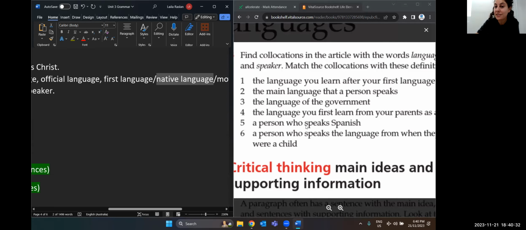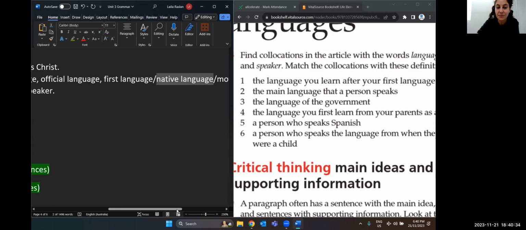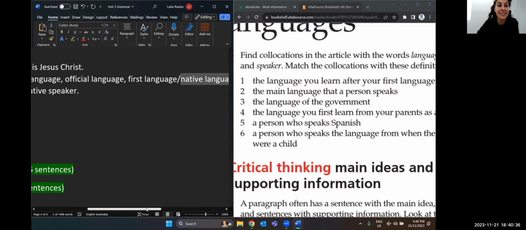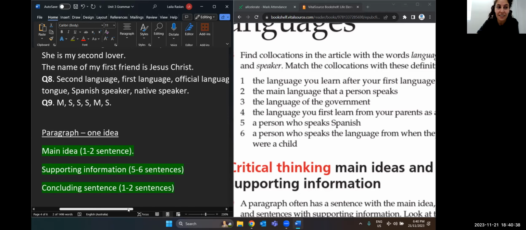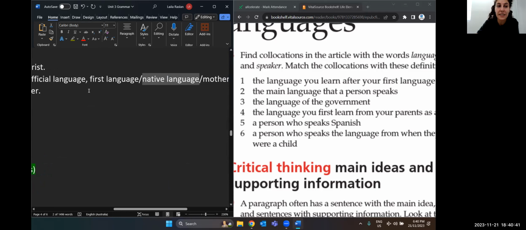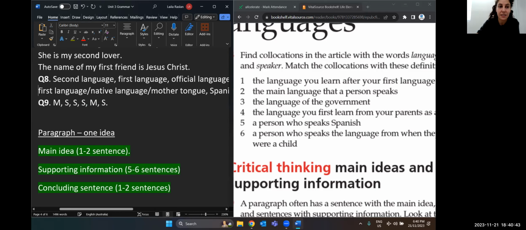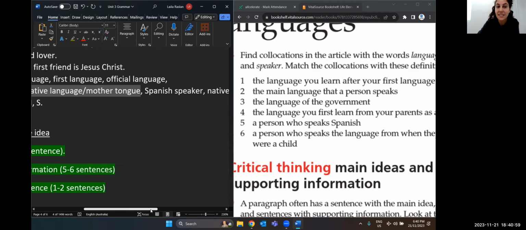Okay, so a person who speaks Spanish. And we also have mother tongue. Have you heard of that word? If I say to you, what is your native language or what is your mother tongue? That means the same thing. What is your first language? What is your native language? What is your mother tongue? That's the same thing. And a person who speaks Spanish is a Spanish speaker.